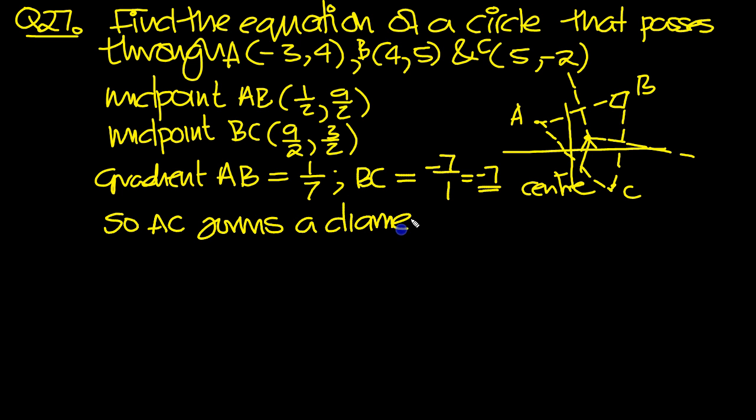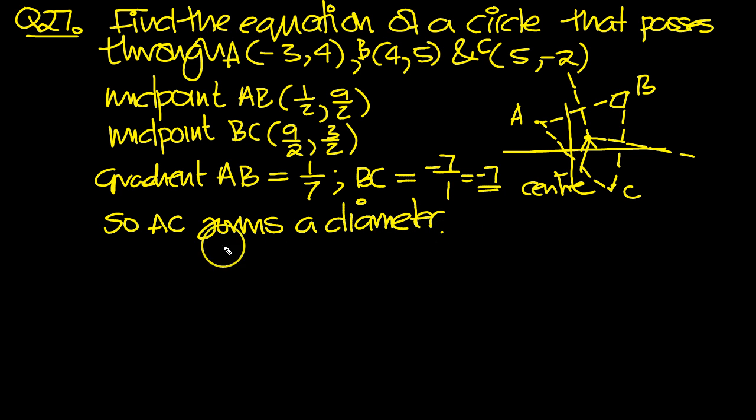That was simply because AB was perpendicular to BC, when we multiplied the gradients together to make -1. So this is 90, and if they all lie on a circle, AC must be a diameter because the angle subtended at a diameter is 90 degrees.